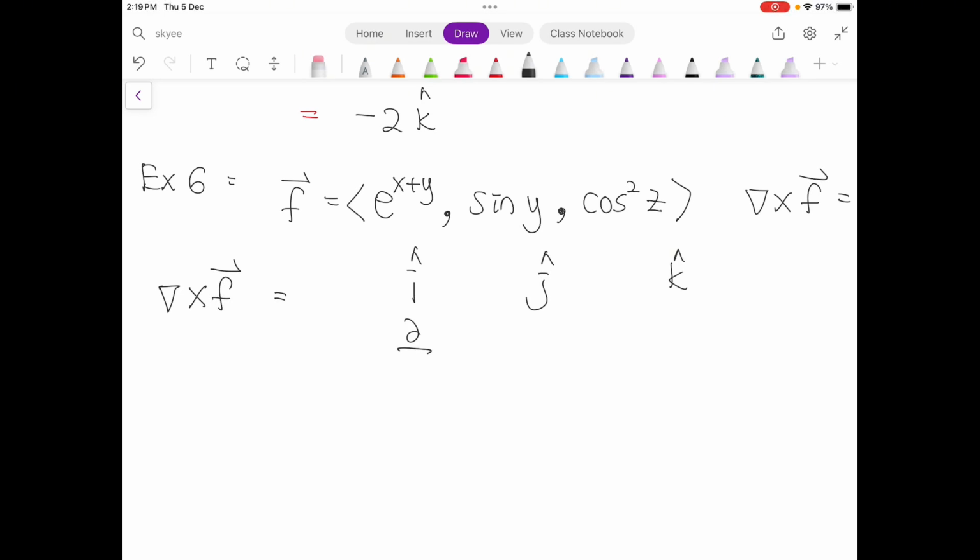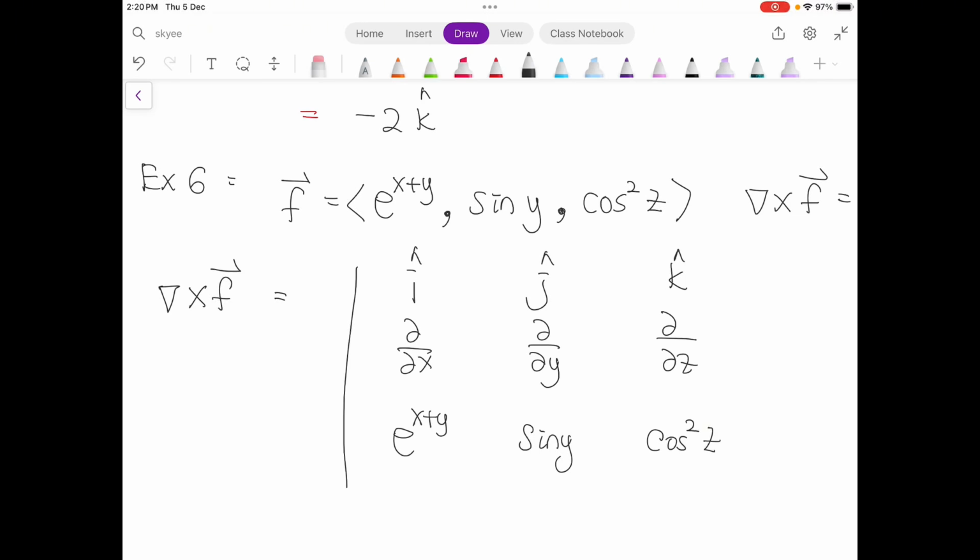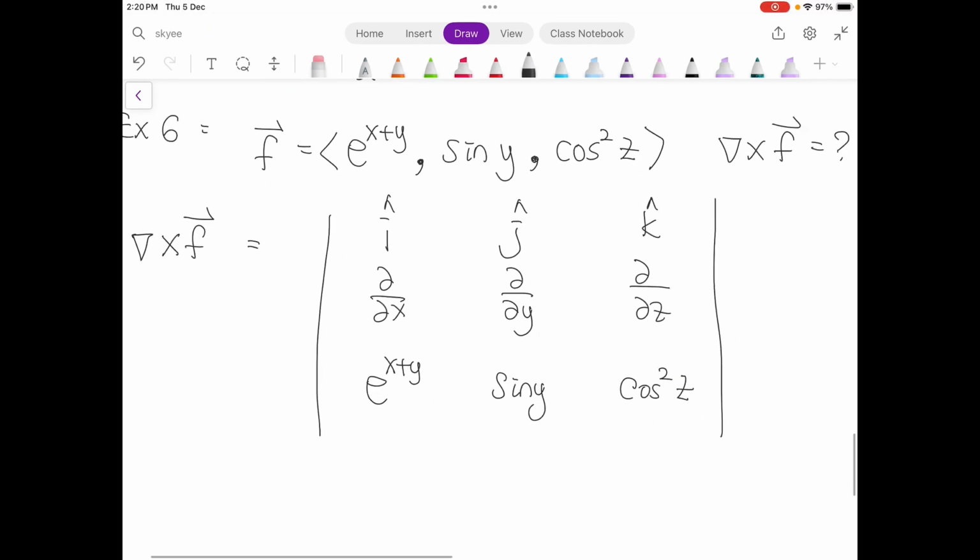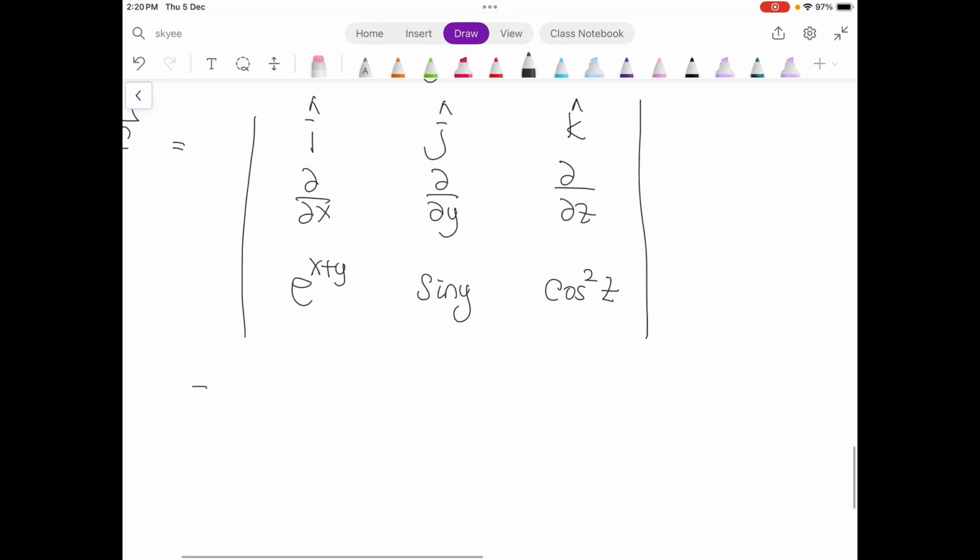So you have e to the power x plus y, sine y, and cos squared z. Let's do the first one, the i component.